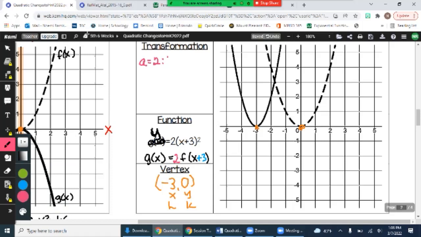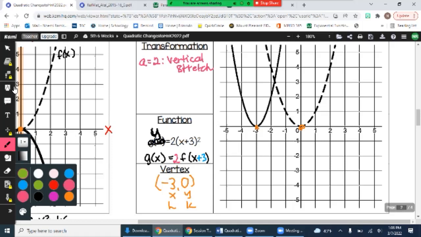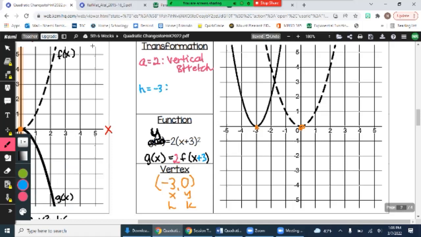Vertical stretch. On the inside, H is -3. If it's -3, it translates which way? Translates left.